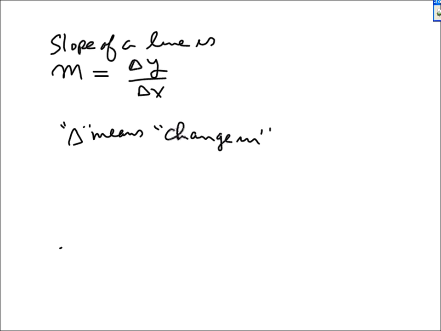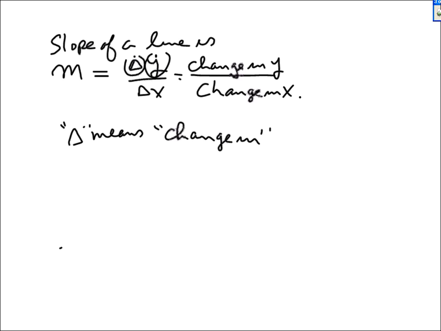So the top is the change in y, and the bottom is the change in x. So if I give you 2 points, 3, 5, and 4, 9, compute the slope.